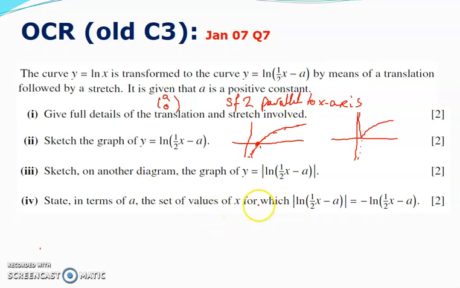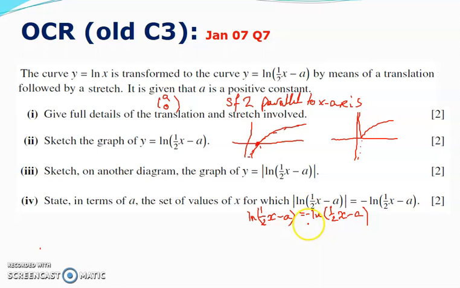And state in terms of a, the set of values for which this equals this. Well, the only way to really do this is to go log of the half x minus a is equal to this. Oh, it's very similar, isn't it? Or, of course, it could be the positive version.